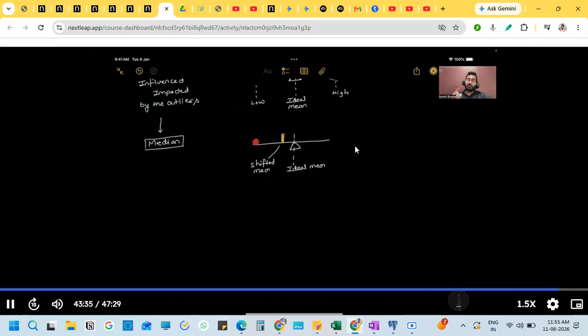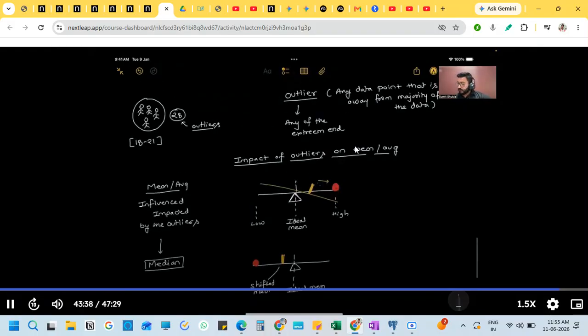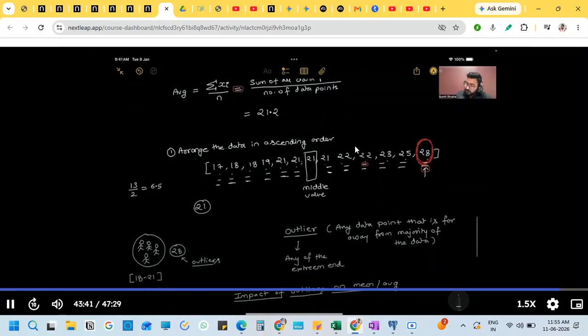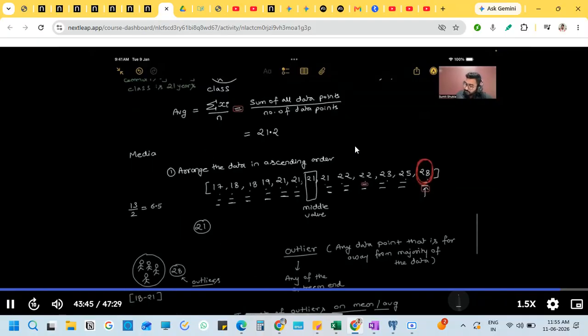when we talk about median, we are looking at the middle value. We are not considering the entire data, right? The process of calculating median is independent of the data. We are not summing up the data. We are not dividing it by something. We are just picking the middle value by arranging them in ascending order.